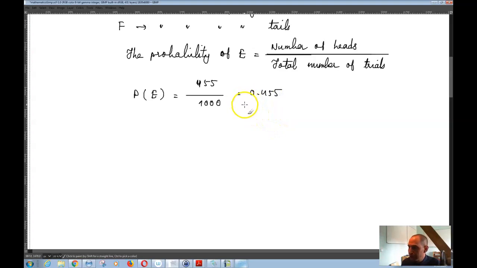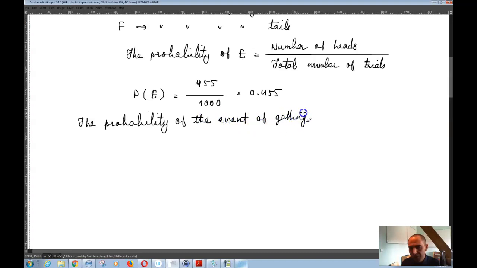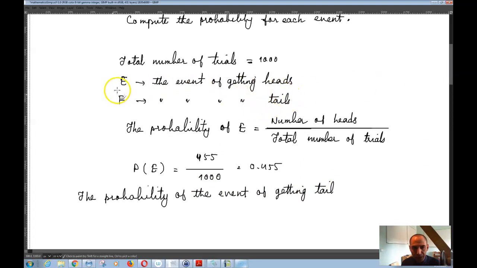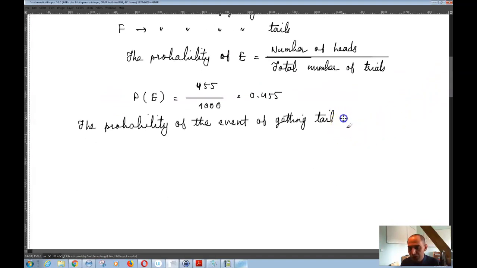Now the probability of the event of getting tails, which is the same thing as the probability of F happening, would be the total number of tails divided by the total number of tries.